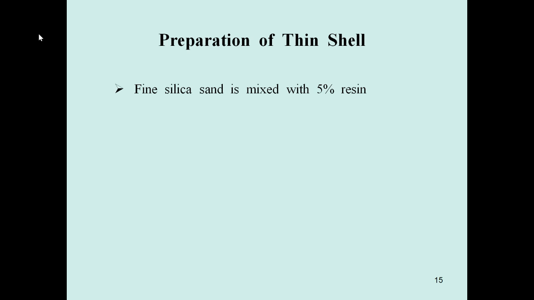Next, preparation of a thin shell. In shell molding, how are we preparing the thin shell? Fine silica sand is thoroughly mixed with about 5% thermosetting resin binder such as phenol formaldehyde and placed into a container or dump box.